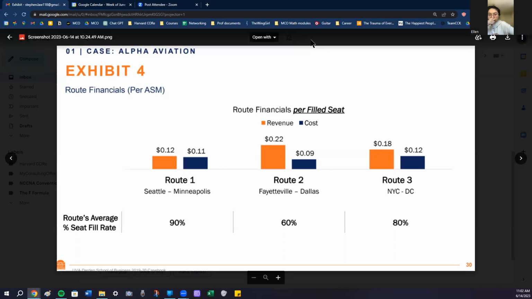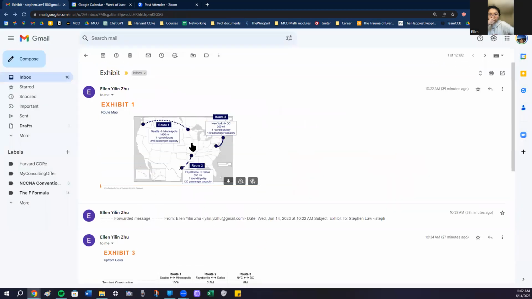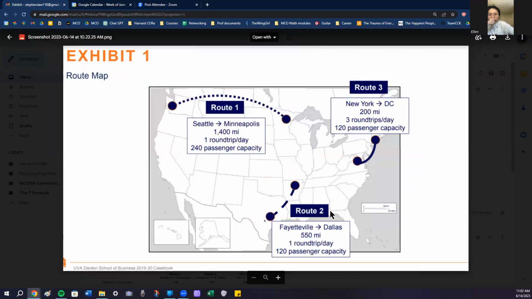So I'll just round that to 1,000 and then multiply that by the length of the route, which is 550 miles. Oh, it would be 10 times 150. Okay, so that's 5,500.